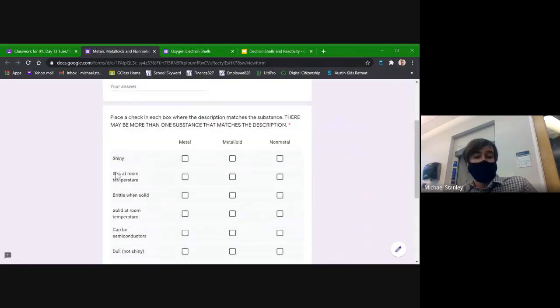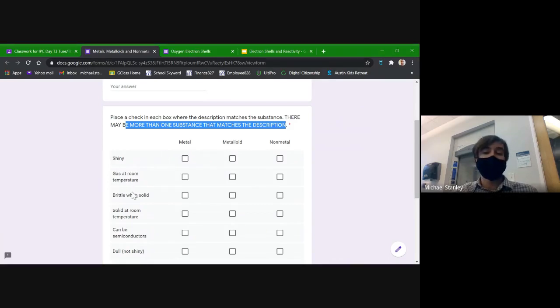And then for each one of these, I want you to check off, does this best describe a metal, a metalloid, a nonmetal, or some combination, right? So some of these might describe only one of these three types, but some of them might be two. So there could be more than one substance that matches the description.